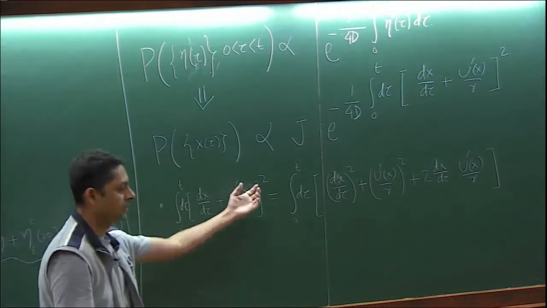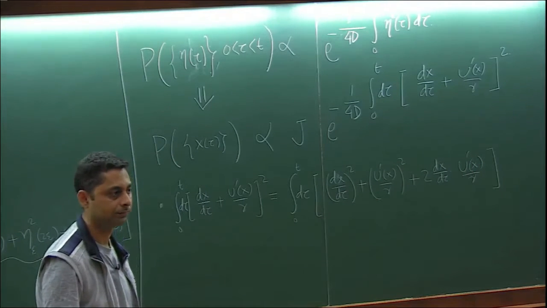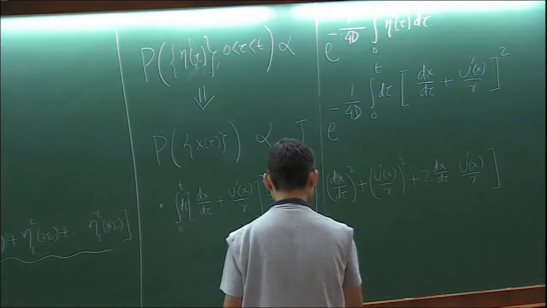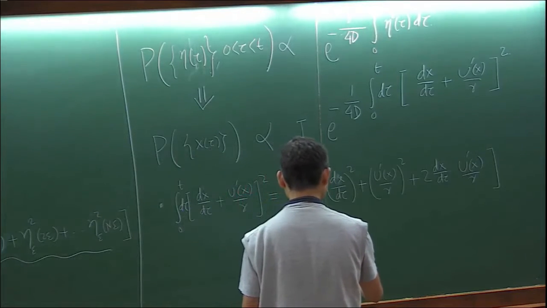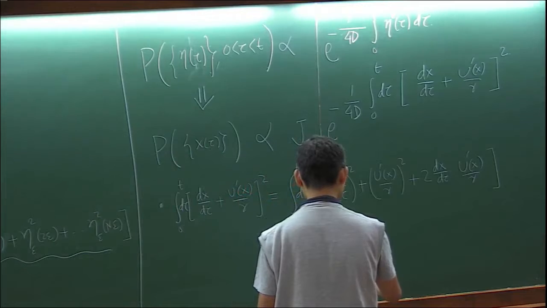I have just opened the square. This one, there are two terms, d tau, so this one is kept as it is.